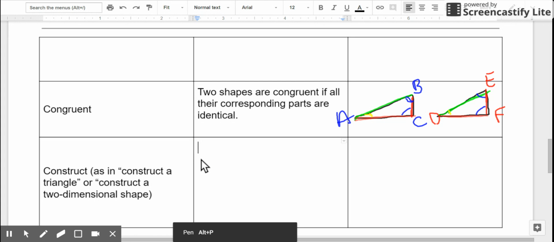The next term is construct, as in construct a triangle or construct a two-dimensional shape. When we say construct, we mean draw, but we mean something more than draw.